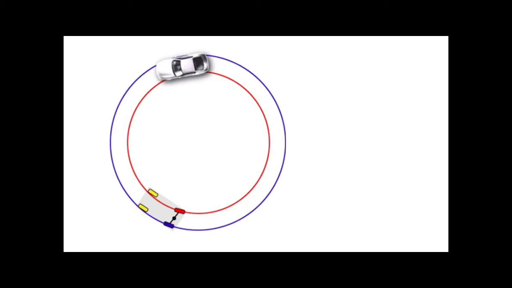So if this wheel is moving 30% slower than this wheel, then the ABS won't do anything. It's only when we go outside of that tolerance, let's say this one's going 50% faster than this wheel, then the ABS might kick in and do something.